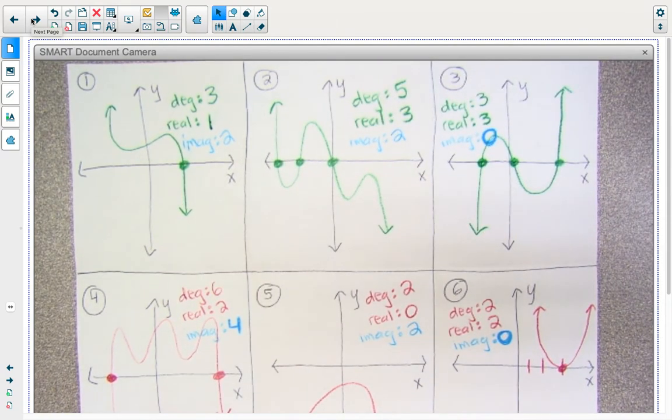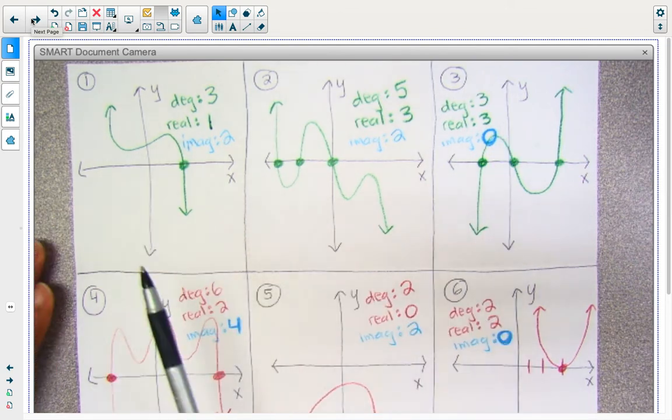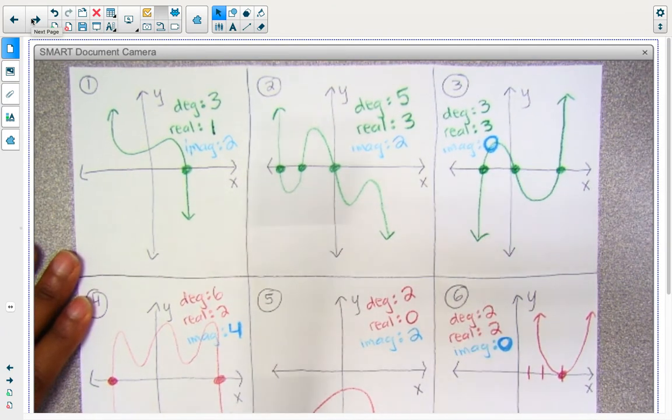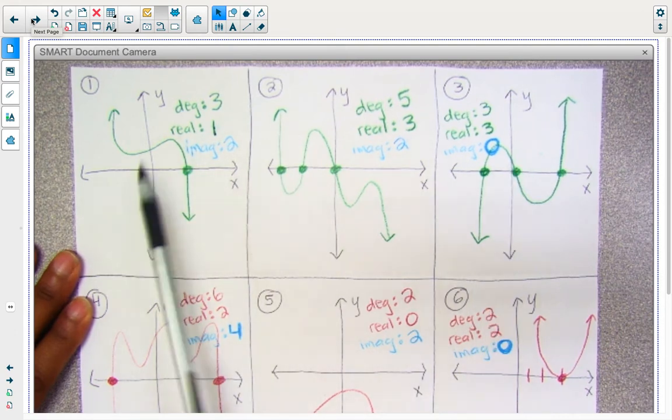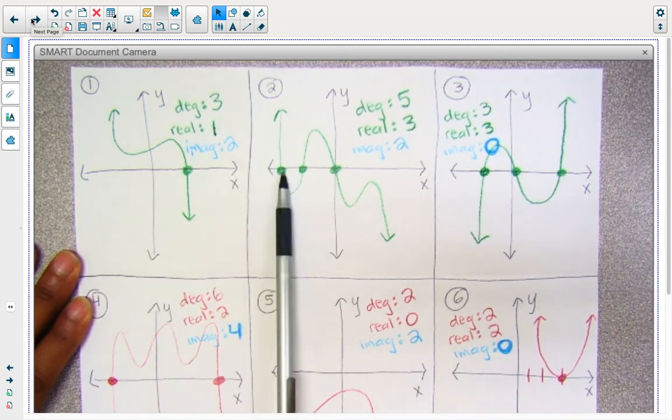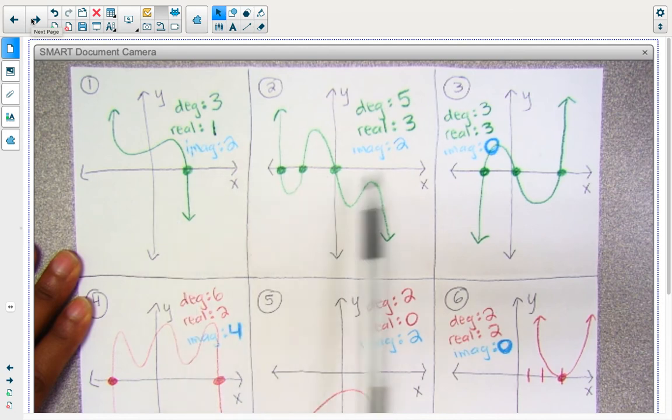I did color code it on purpose. If you look at the green and then look at the red, the green functions are a specific type of function, and the red functions are a specific type of function. So if I look at 1 through 3, what type of function is all three of these? Hopefully, you said that all three of these are an odd degree function.